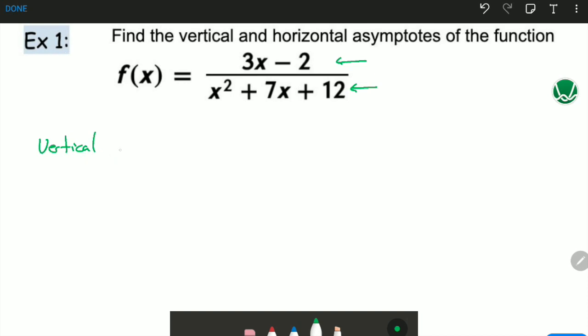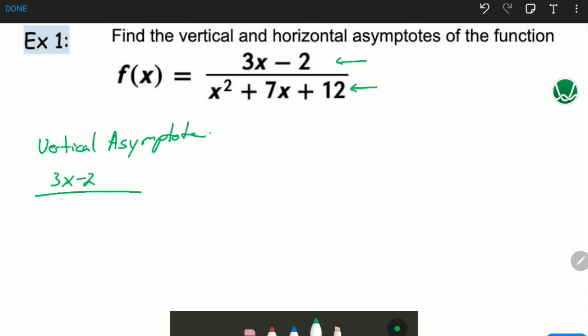So for the vertical asymptotes, I'll have to factor the bottom here.